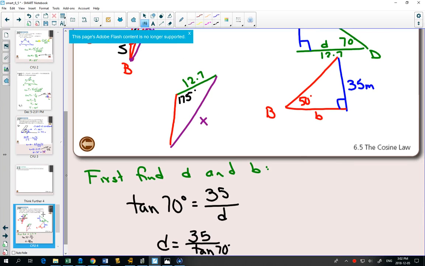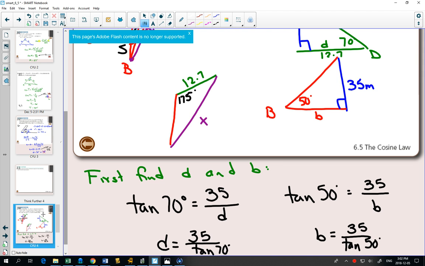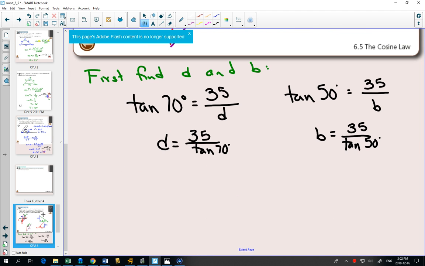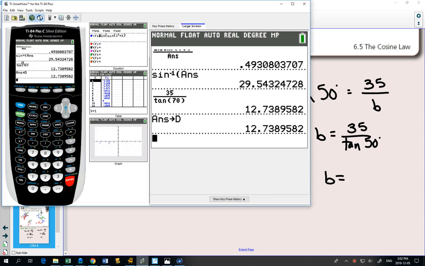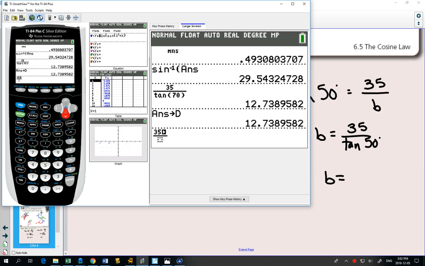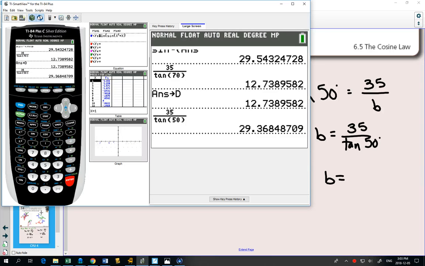Finding little b will be the same thing. Tan of 50 degrees is opposite over adjacent. So b will be 35 divided by tan of 50 degrees. Go to our calculator. 35 divided by tan of 50, 29.4.